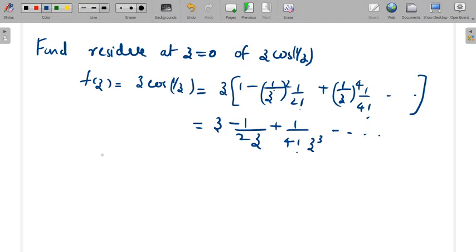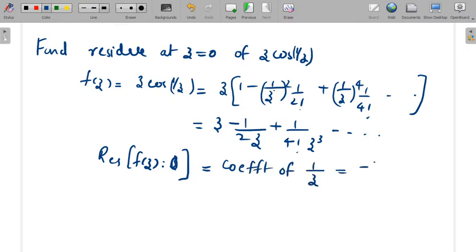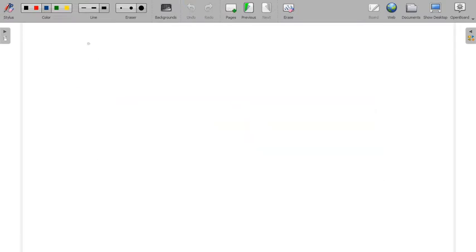And from here, you get residue of f of z at z is equal to 0 equal to the coefficient of 1 by z, which is equal to minus 1 by 2. So at essential singular points, you write the series and pick the coefficient of 1 by z minus c to get the residue.